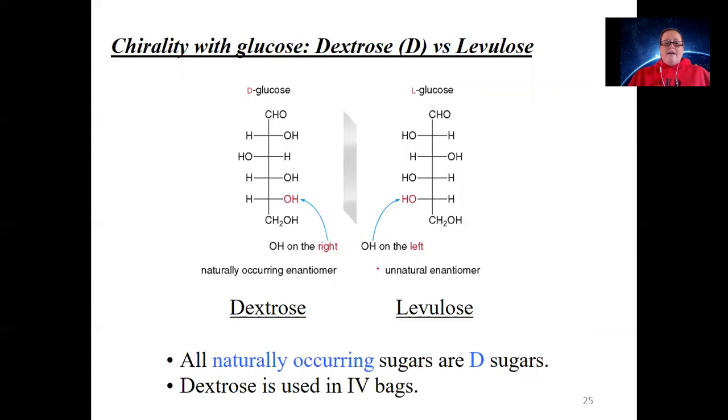So all naturally occurring sugars are D right-handed sugars. And dextrose, if you have worked in the medical field before, or if you ultimately end up there, dextrose is the name of the sugar solution that they put into IV bags, and it is regular right-handed glucose.